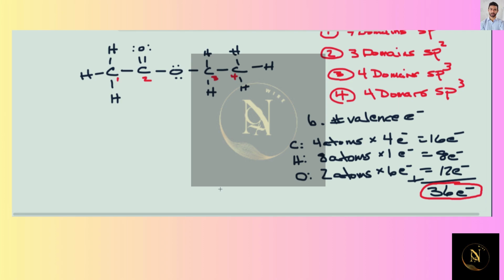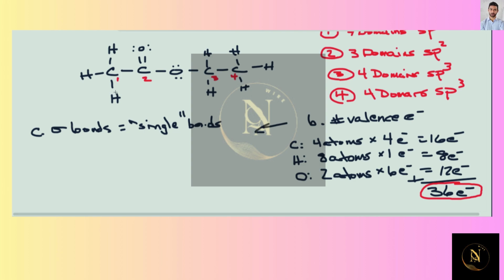Now, of those, how many make sigma bonds? So I'm just going to go over to the left here to keep going. Sigma bonds are the single bonds. Now, I put that in quotes because they are bonds that are single, like these, but they're also the single part of a double bond. Remember that a bond holds 2 electrons.